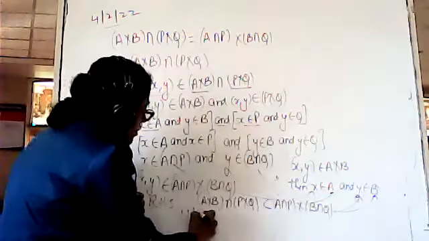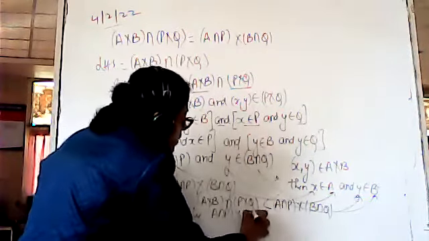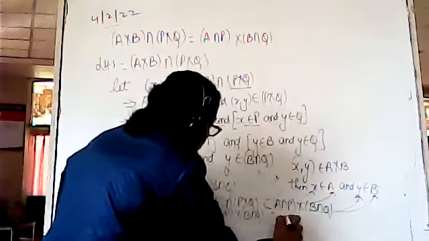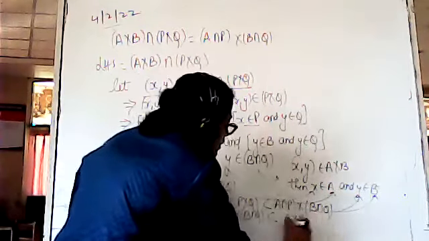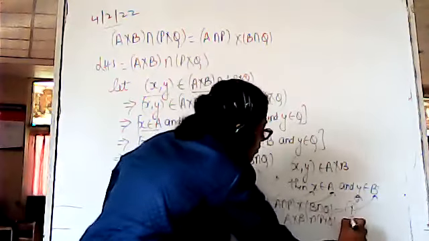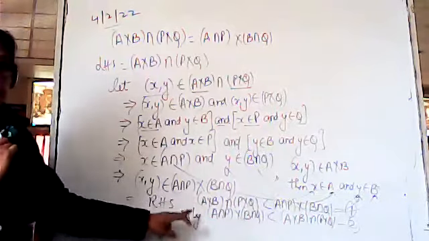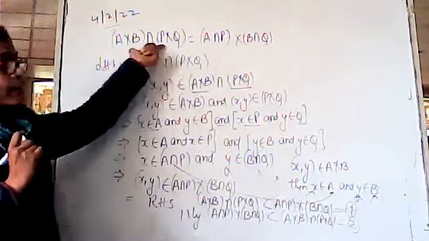Similarly, we can write (A intersection P) cross (B intersection Q) is a subset of (A cross B) intersection (P cross Q). This is equation number 1, and this is equation number 2. From equation 1 and 2, we will find the equality.